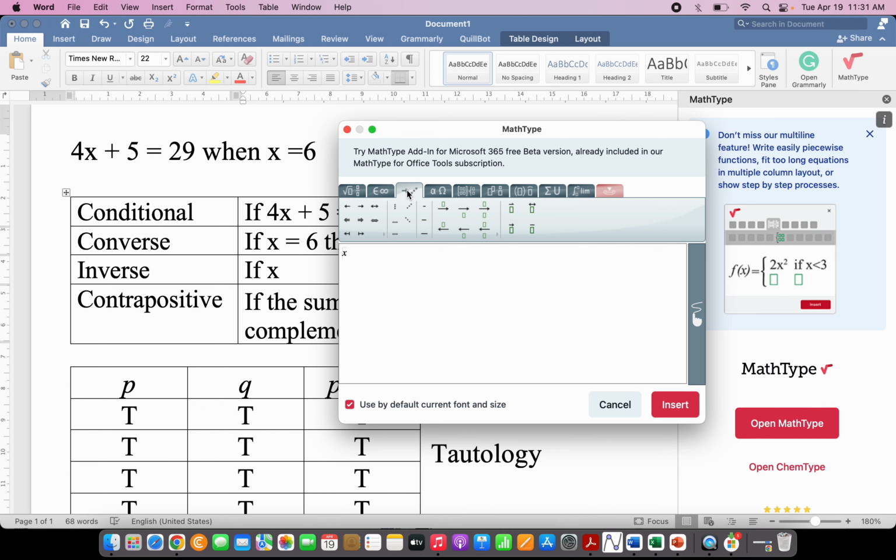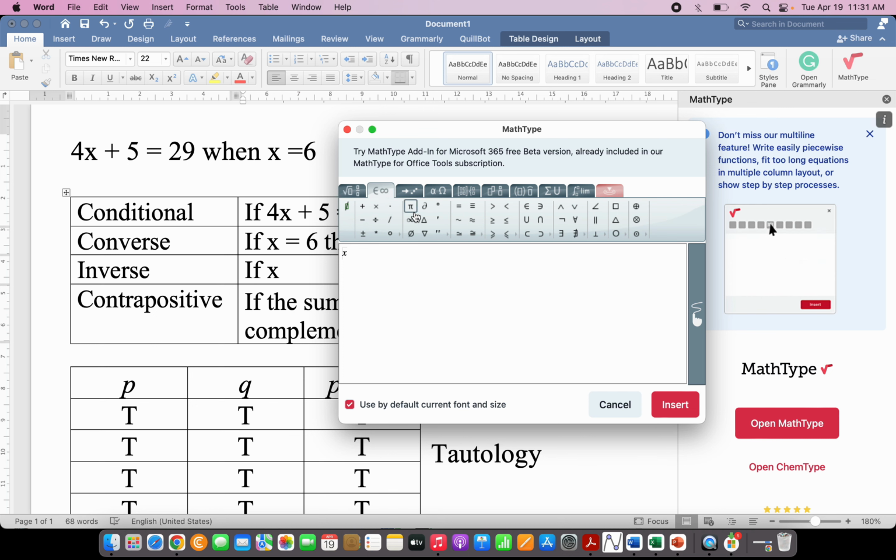Saan ba yung not equal? Ayan. If x is not equal to 6, ayan.